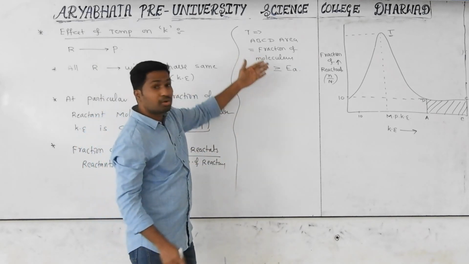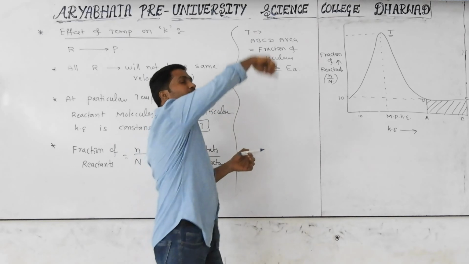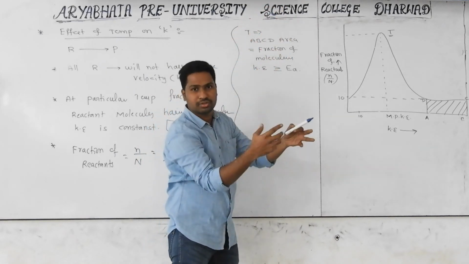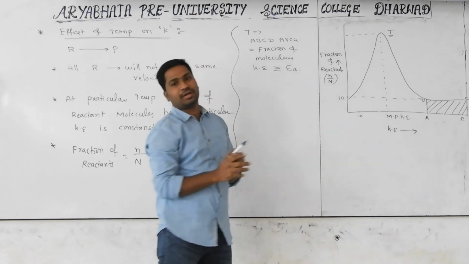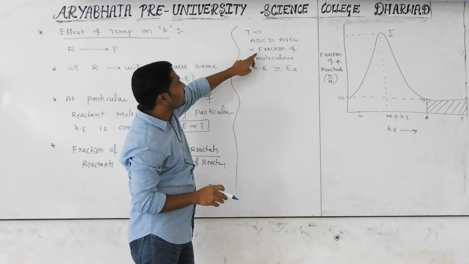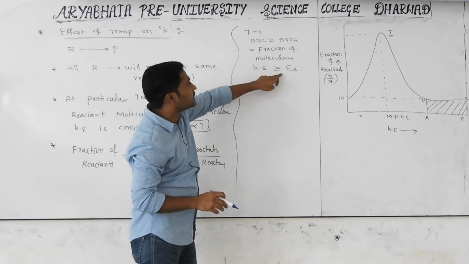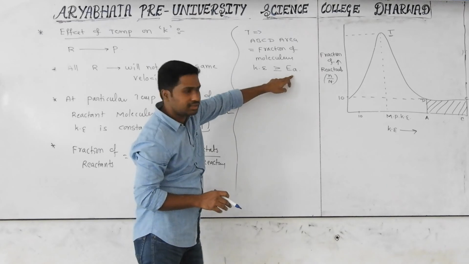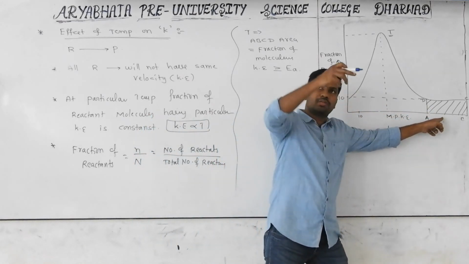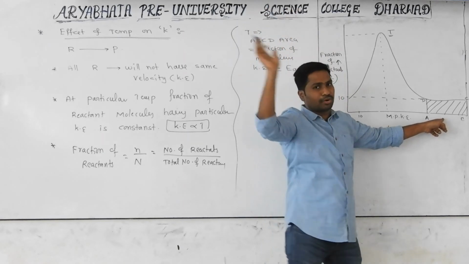Those molecules have too much kinetic energy, which means definitely they go into the activated state, definitely they participate in effective collisions, and definitely they convert into products. So the ABCD area at temperature T gives the fraction of molecules whose kinetic energy is greater than or equal to activation energy. They overcome the barrier and go into the activated state, and convert into products.